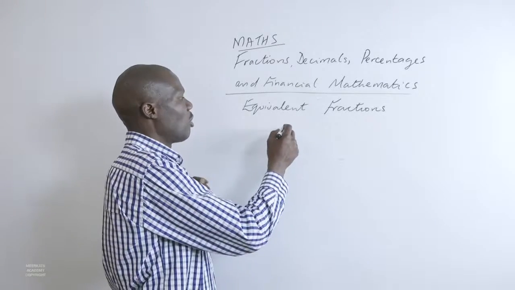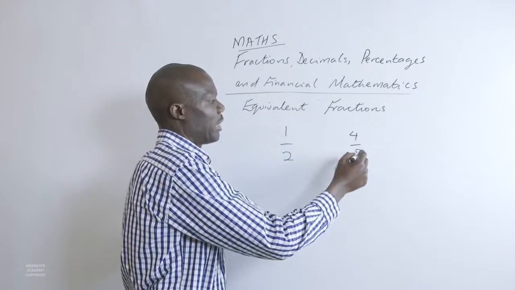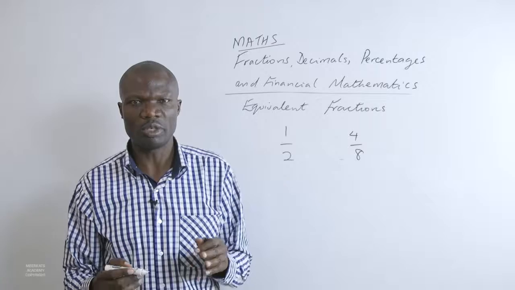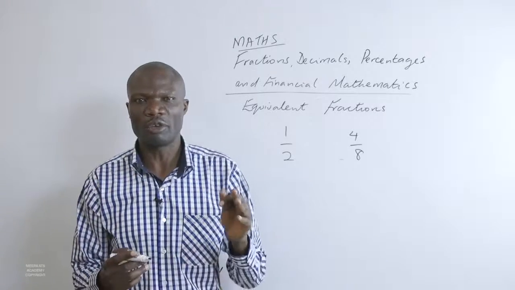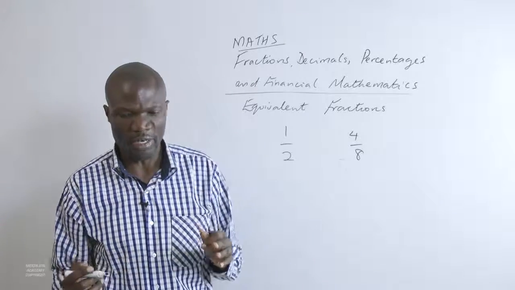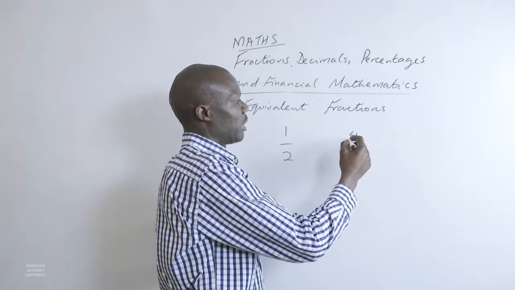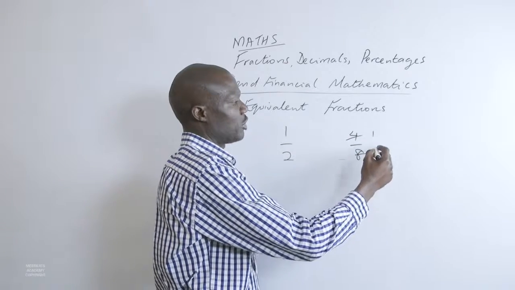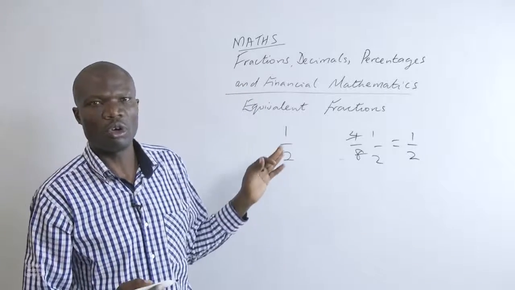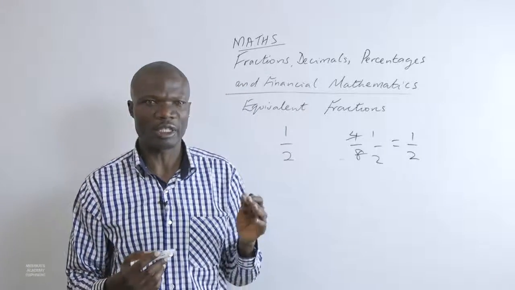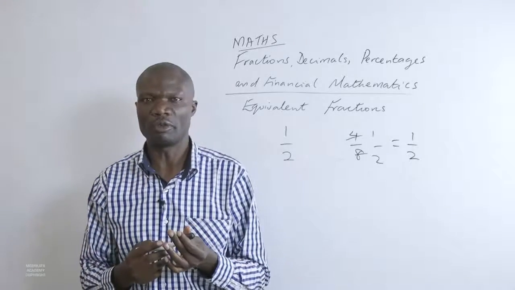For example, 1/2 and 4/8 can be said to be equivalent fractions because when you simplify 4/8 further, 4 divided by 4 is 1, 8 divided by 4 is 2, you'll get 1/2. Therefore, 1/2 is equivalent to 4/8.